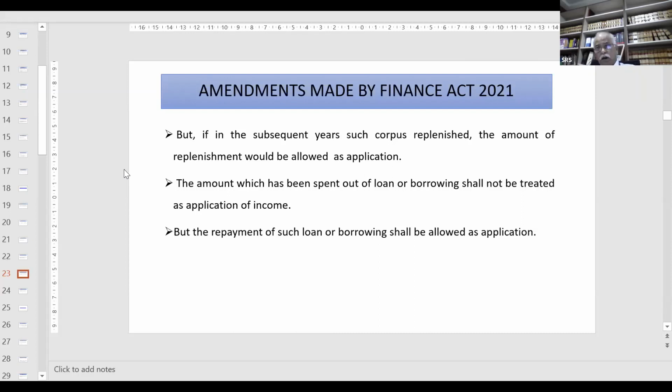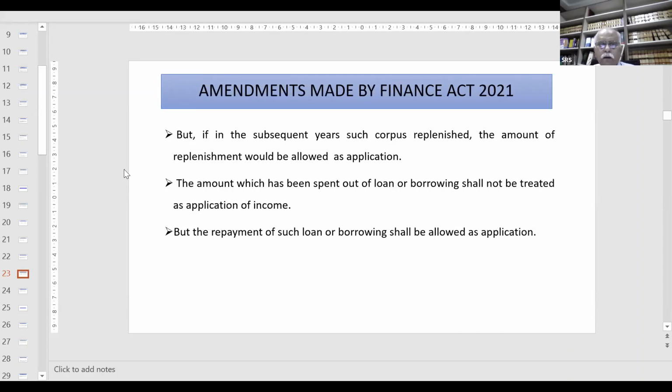But I do not know whether any of the trusts were claiming that even if the capital expenditure is incurred out of a loan or borrowing, they were claiming it as application blindly without looking into the law and whether the department was allowing it, because there is a board circular which says very clearly that in the case of loan repayments, it will be treated as application of income.